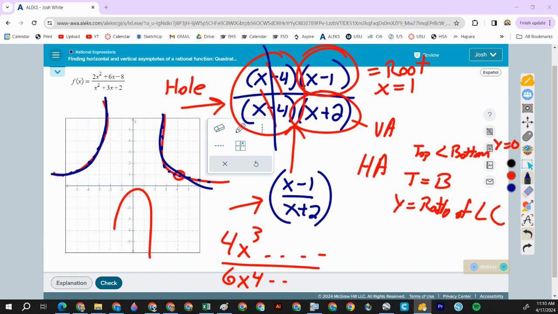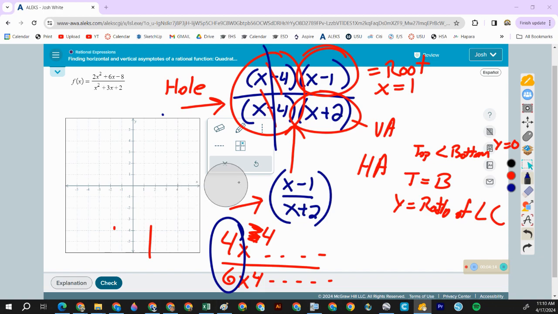And none of this other stuff matters. But if this was a 4, now where is my HA? It's just the ratio of the leading coefficients, 4 over 6, which would be 2/3. So I have a horizontal line at 2/3. Okay?